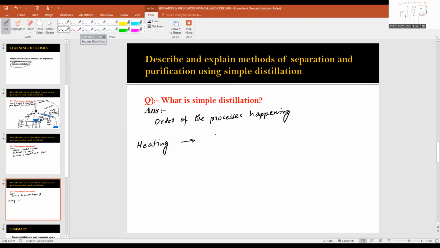Second, you have evaporation. Then you have cooling, condensing, or condensation, you can write.